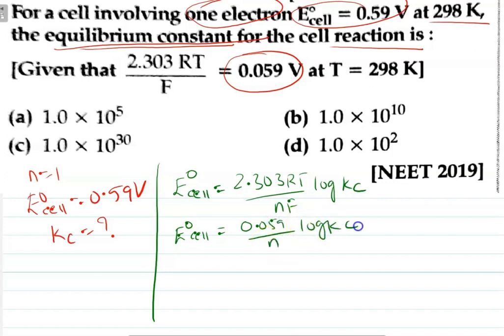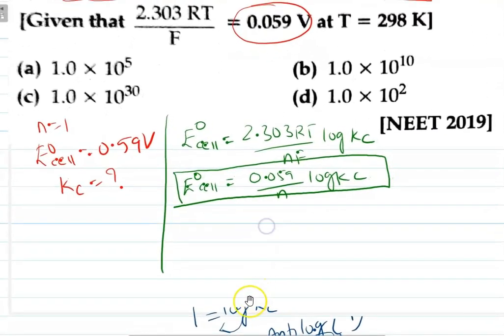This is the equation we will generally use for calculation purposes, because R, T and F have already been substituted and calculated. So we'll just substitute and calculate. It's very easy.